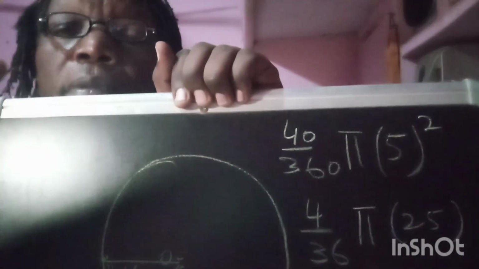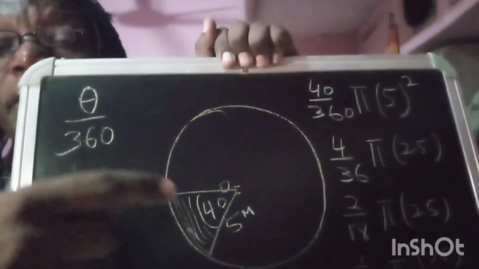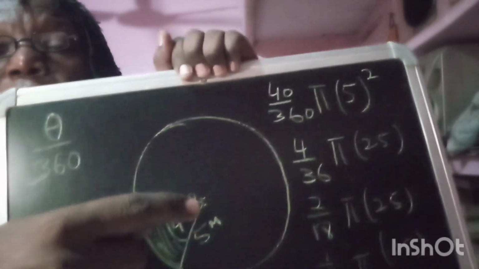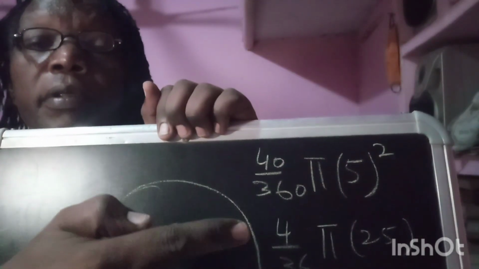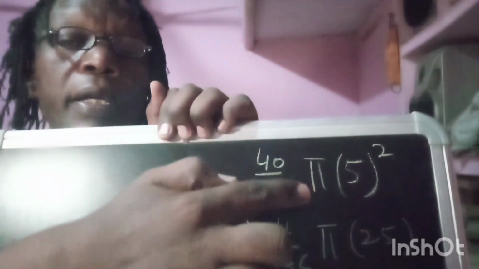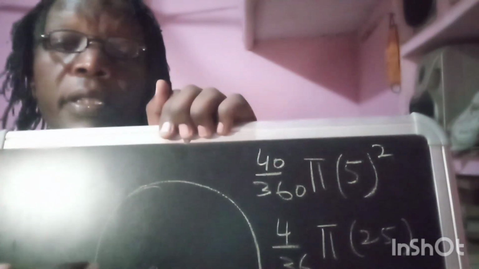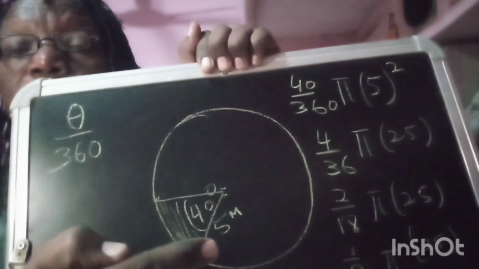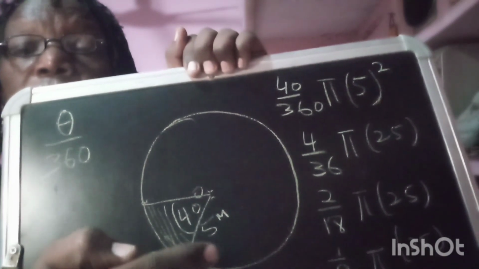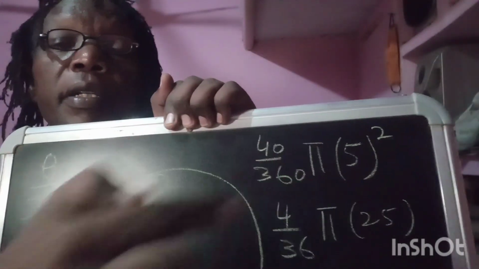you can see I was given this value, 40 degrees, so I put 40 over 360 pi r squared. In this case r is 5 meters, so I square it there.